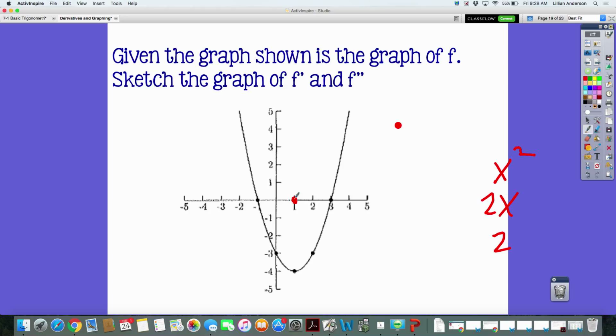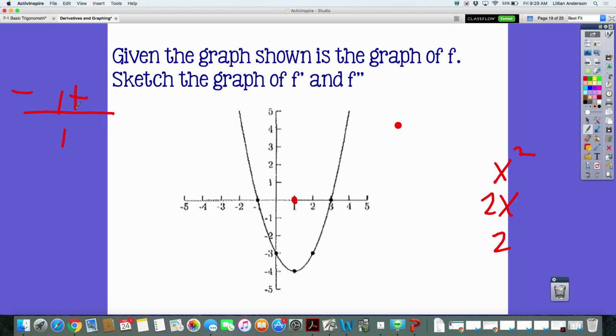Anytime we have an extrema on our original function, that meant that the first derivative, when we set it equal to 0 and made our number line, went from negative to positive. So on our derivative, we were equal to 0. Does everybody understand that? And because it's a minimum, on our number line, if we were to draw it out, at 1 we were going from negative to positive.